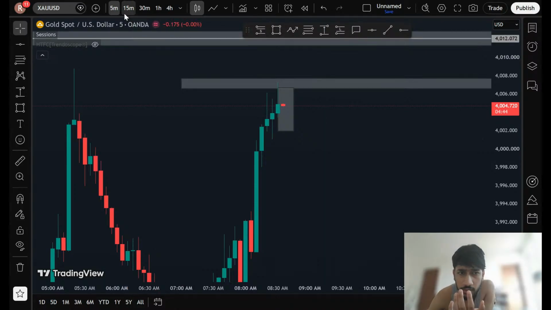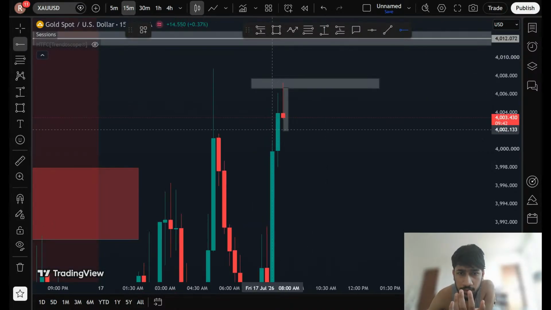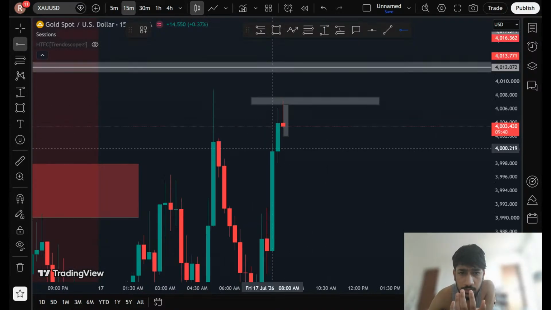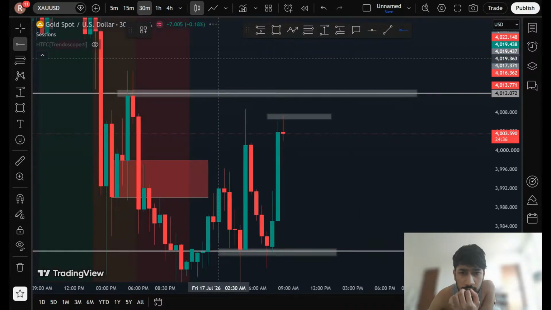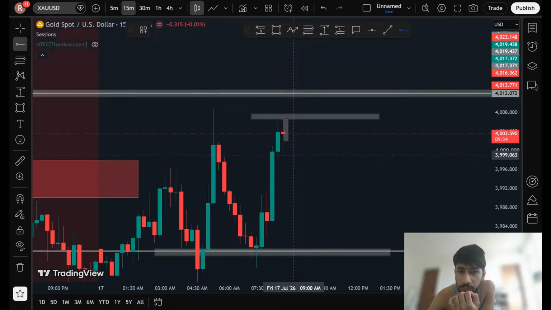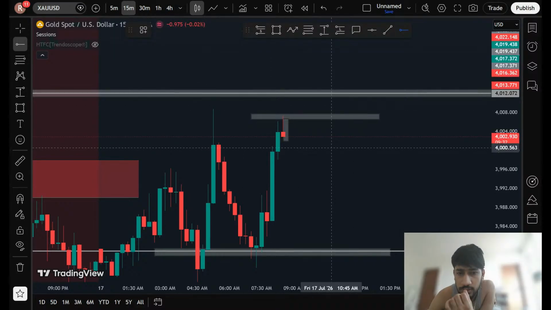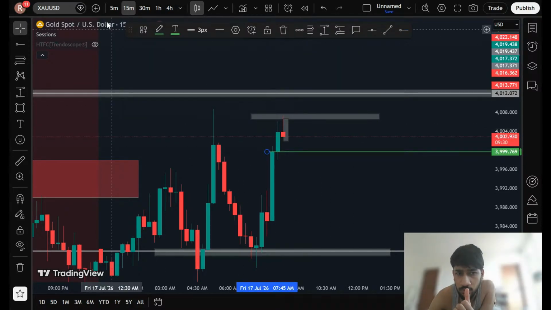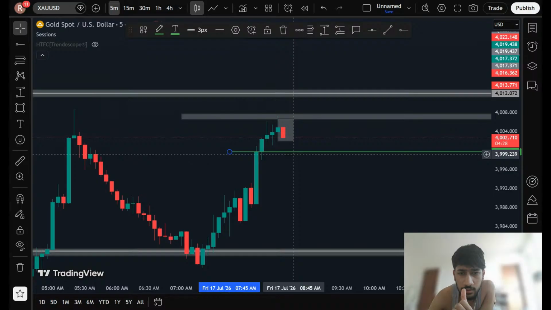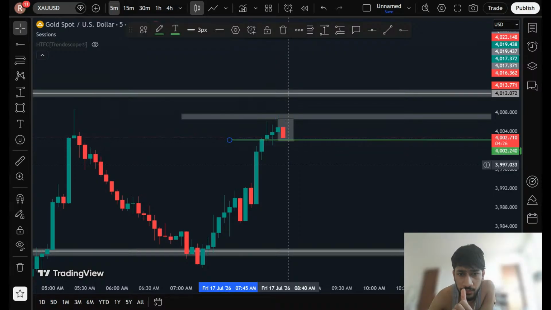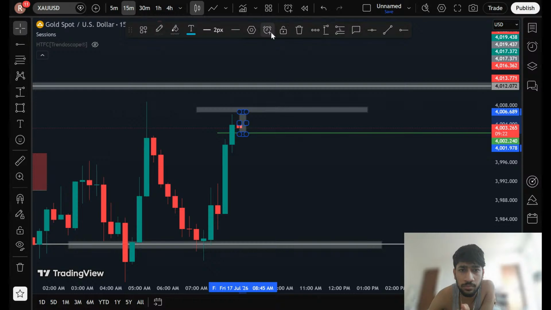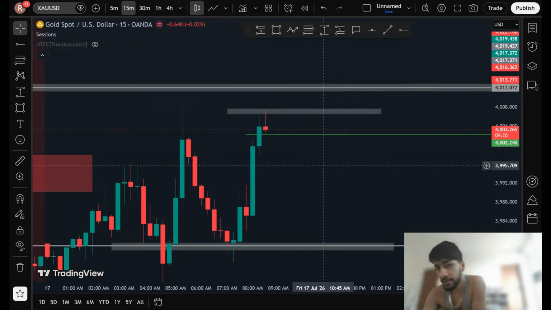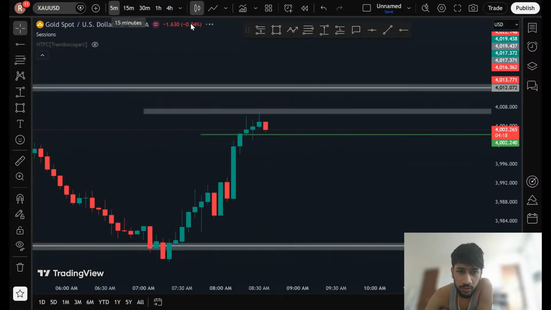So in 15 minutes, we have a candle closing above. If we can get a 15-minute candle closing below this zone, then we can hit bearish, because if we drop down to 5 minute, you can see we have rejection over here.